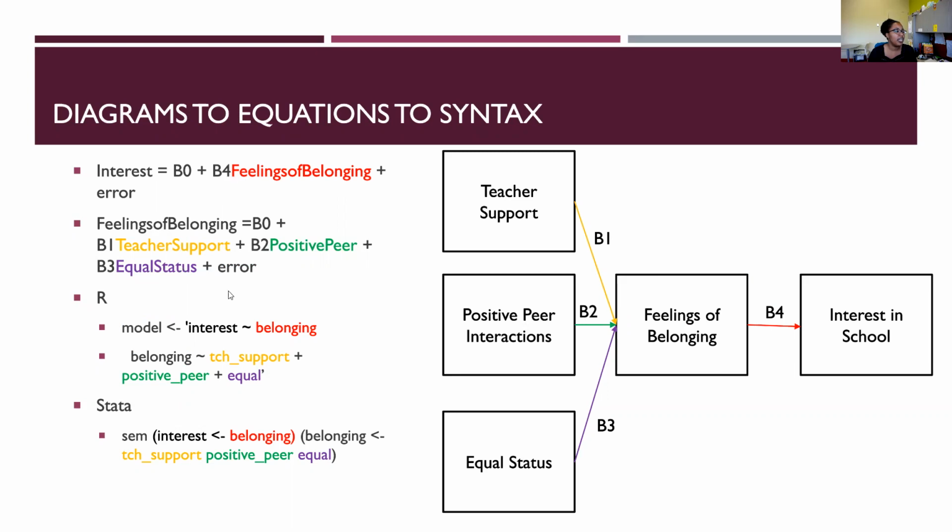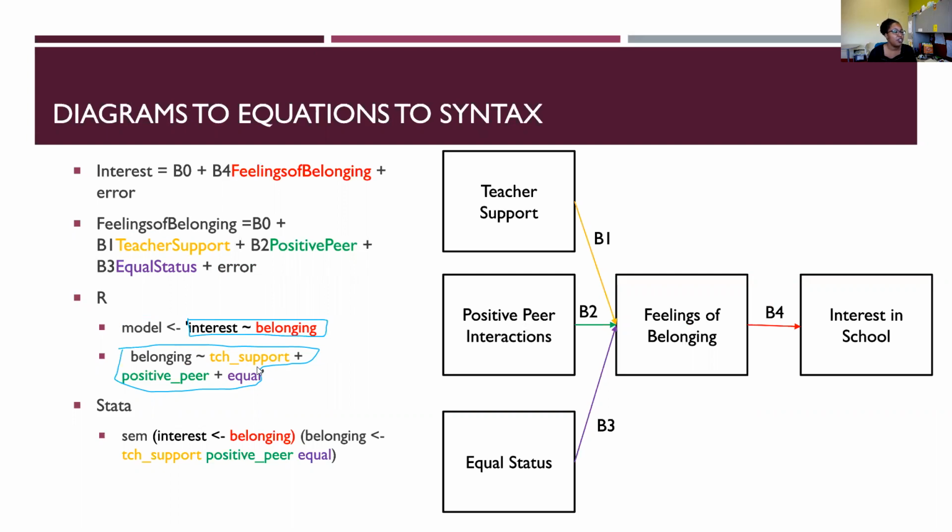So when we look at the syntax here, the belonging equation looks very much like the interest equation that we had before, right? Because it has three predictor variables, belonging predicted by teacher support. But now we have a second equation in here. Now interest is predicted by belonging.